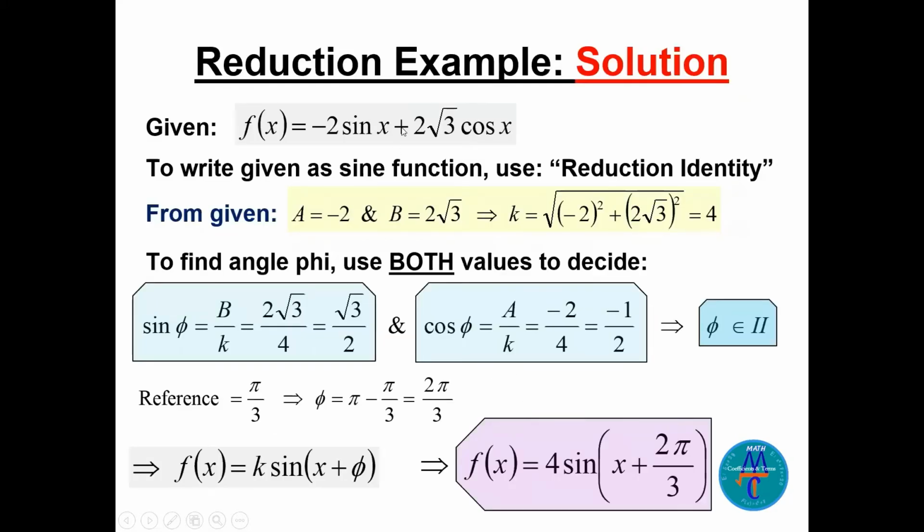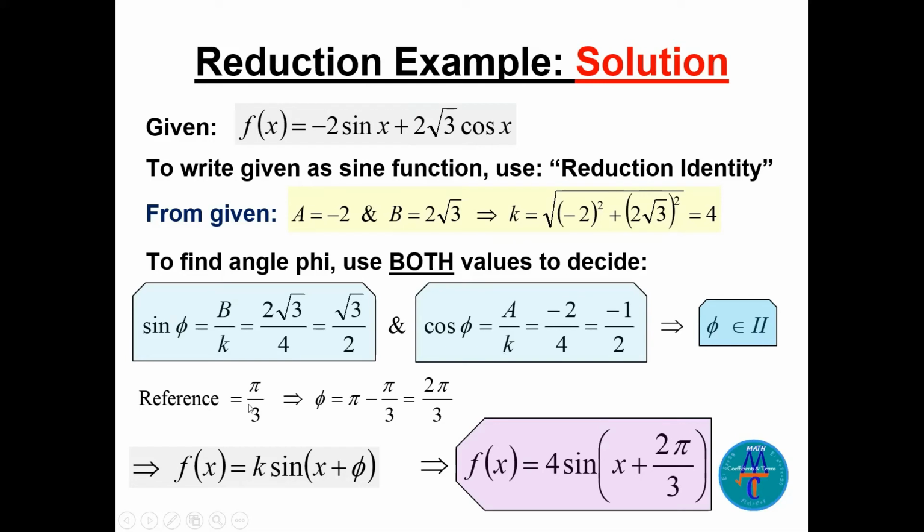So here you can read at your leisure time. You can find capital A, capital B. From there you can find k, and then you find sine of phi, B over k, cosine of phi, A over k. From these two, you can find the angle in quadrant 2 because the cosine is negative and the sine here is positive.